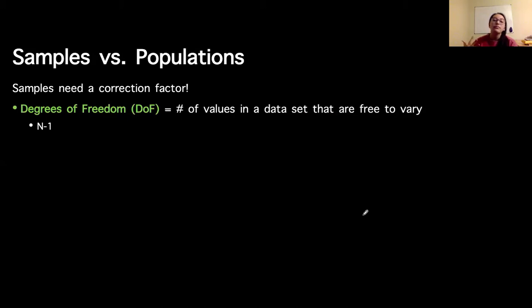But because we can't always calculate or use population sizes and we're going off of sample sizes, that requires that we have a correction factor, okay?